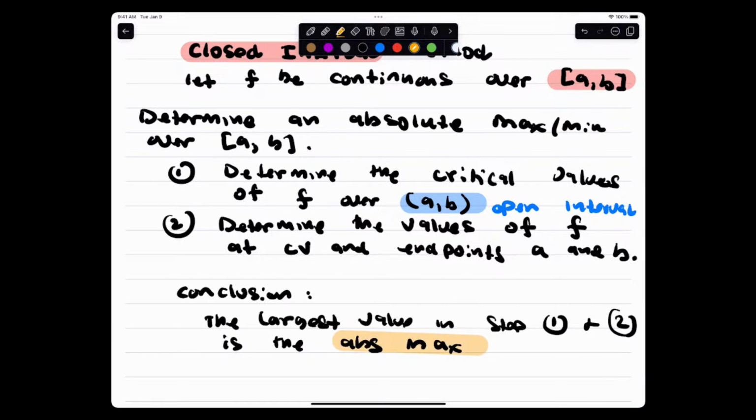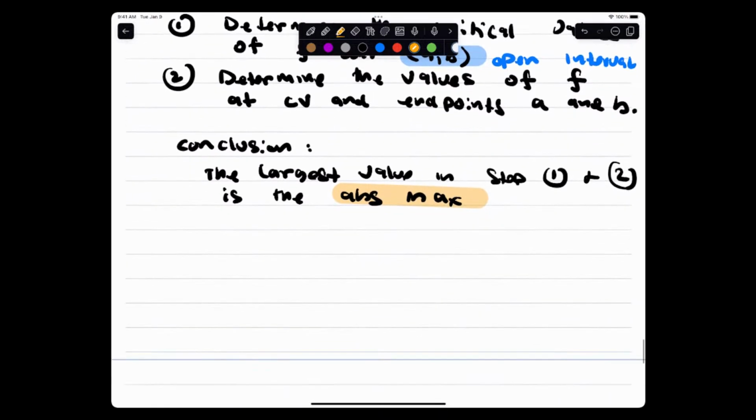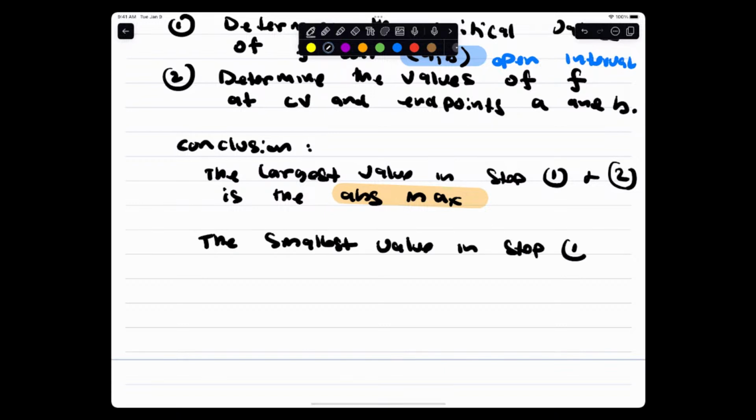So all they're saying is the largest value in steps 1 and 2 is the absolute max, and then the smallest value in step 1 and 2 is the absolute min. It's called the closed interval method.